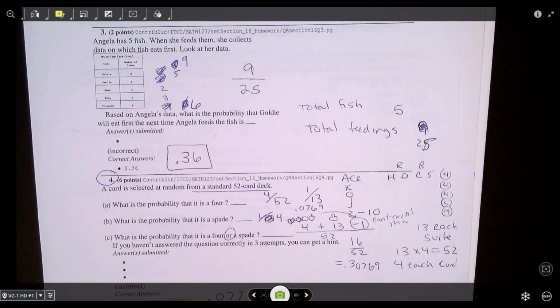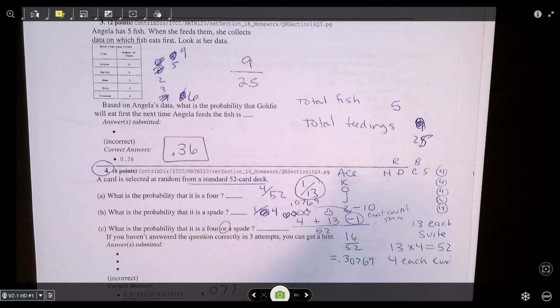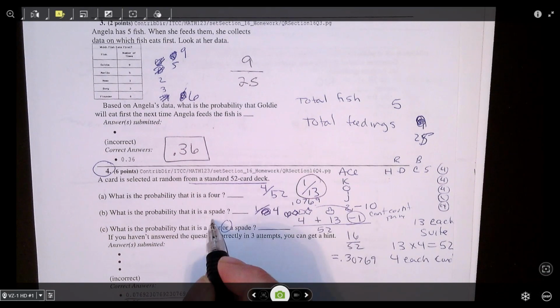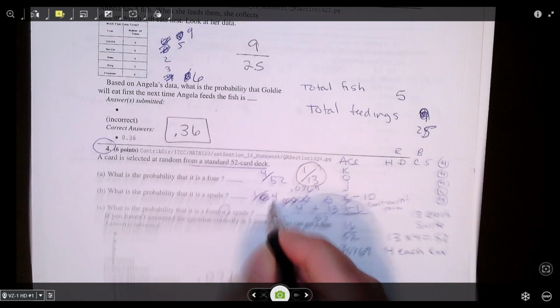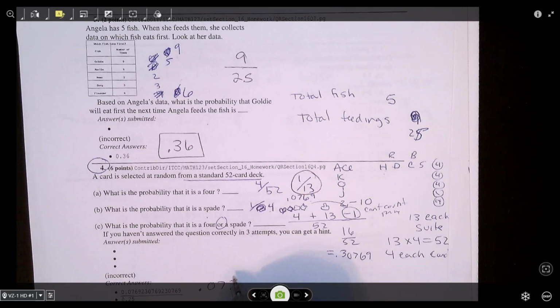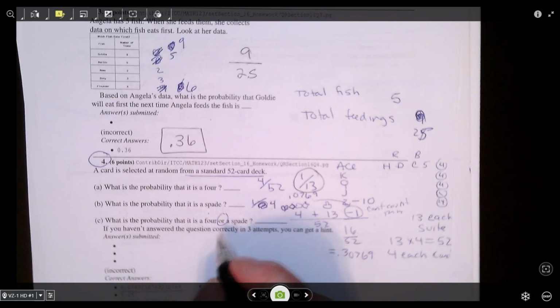I don't know how they got it taken out to so many places. I think I put mine in as a fraction, 1 over 13. The probability of a spade. Well, there's only 4 suits, so it's going to be 1/4, or 0.25.